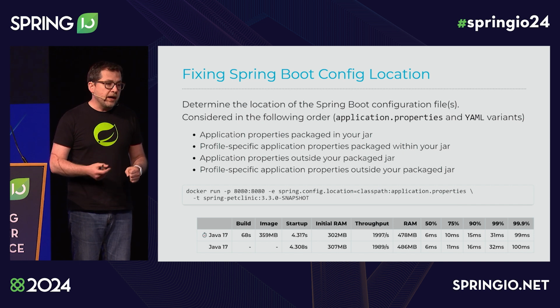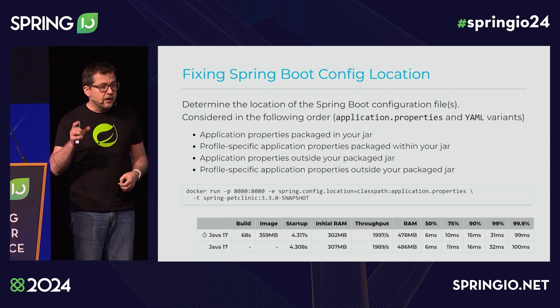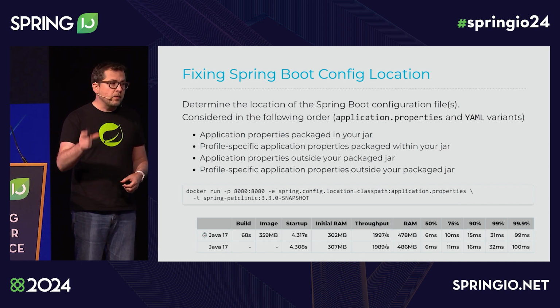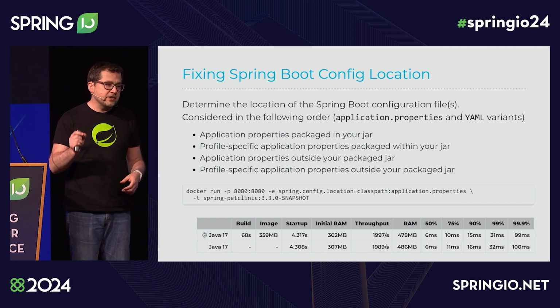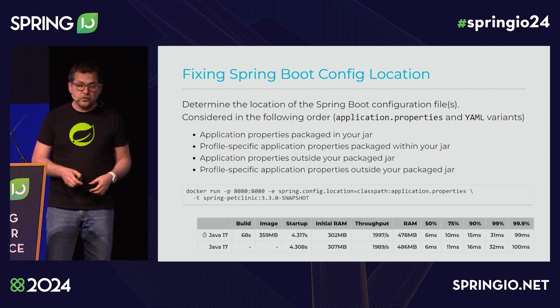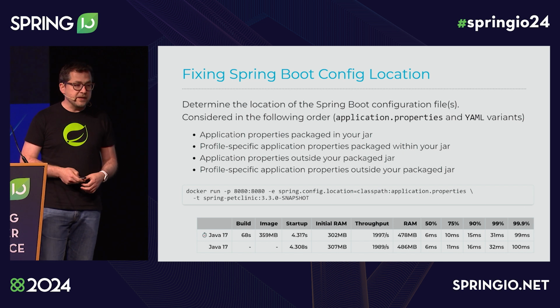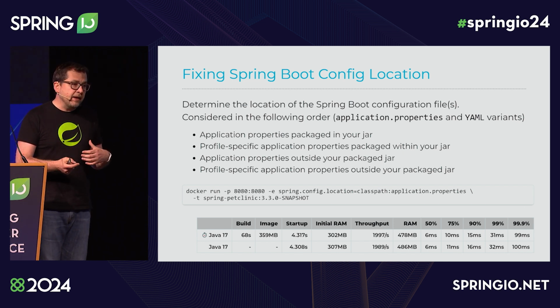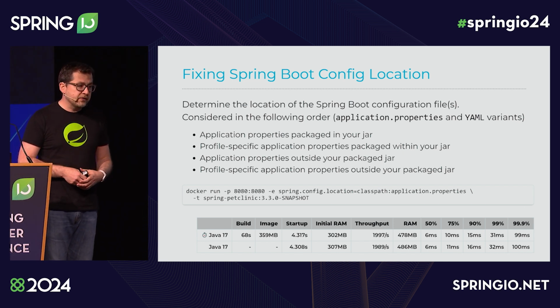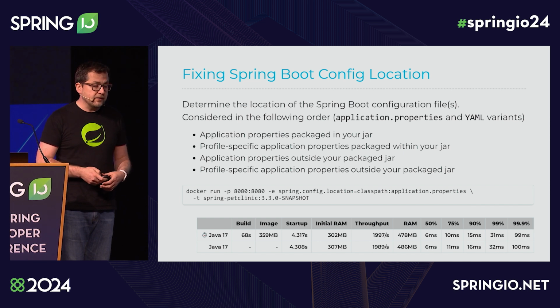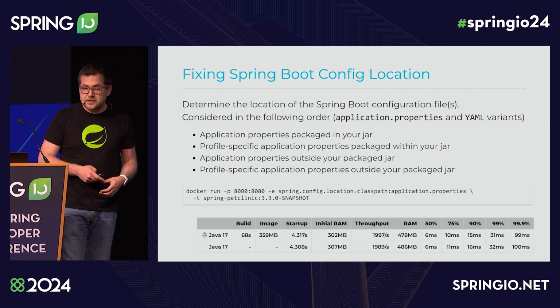If you can tell your Spring Boot application there is only one file and that one is relevant, it's a little bit faster, or at least that's what I would expect. You don't see that much in the numbers because they're all in the same range. You will gain just a tiny little bit. It's basically just the file lookup you are going to miss when you make it explicit. But in the end, if you have a lot of small things, you might gain some time as well. So that's why it's on the slide deck.